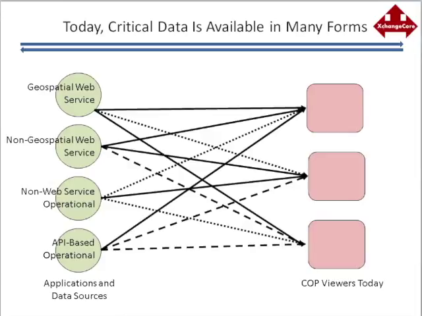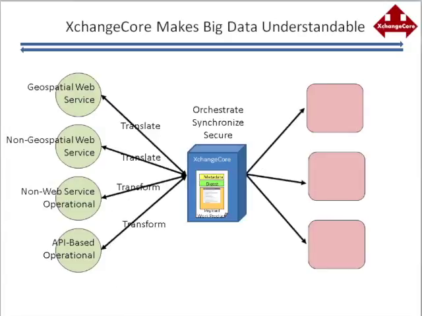So the concept that everyone is evolving to needs some help. The next slide, we take a look at how we get to that help. The next slide moves information into the XchangeCore.